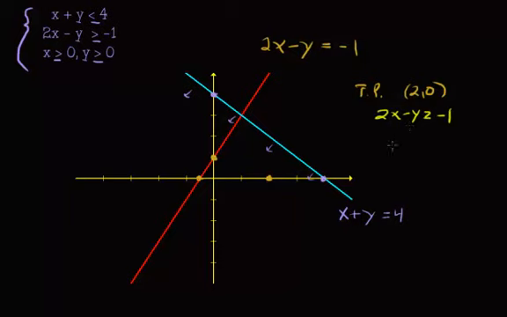Let's go ahead and plug in our point. So we got 2 times 2, because that's x, minus y, which is 0. Is that greater than or equal to negative 1? In other words, is 4 greater than or equal to negative 1? And it is. So we're going to shade towards that point. So here's our current line, and we're going to shade in that direction.